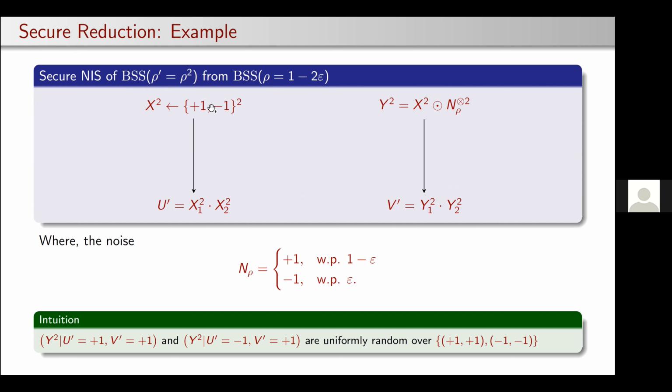So in this case, we consider two independent samples that Alice has, and Bob has correlated samples. And the construction is very simple. Alice outputs the product of the two samples, and Bob outputs the product of the two input samples. We can prove that this construction is in fact secure.